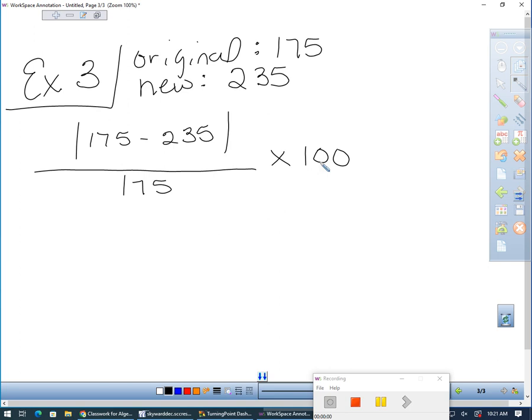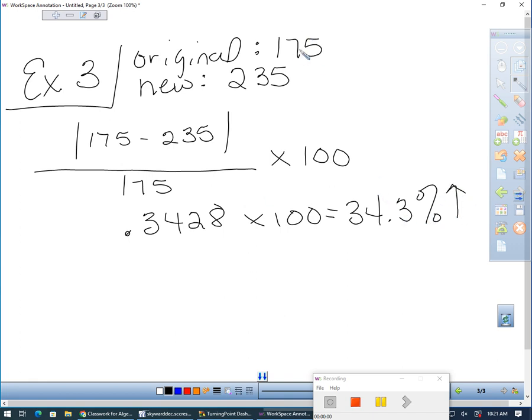Positive 60. 60 divided by 175 is 0.343 times 100 equals 34.3. I'll let you round to the tenths percent. And is this an increase or a decrease? It is an increase. It goes from 175 to 235, so it goes up. Do we have any questions on percent change?